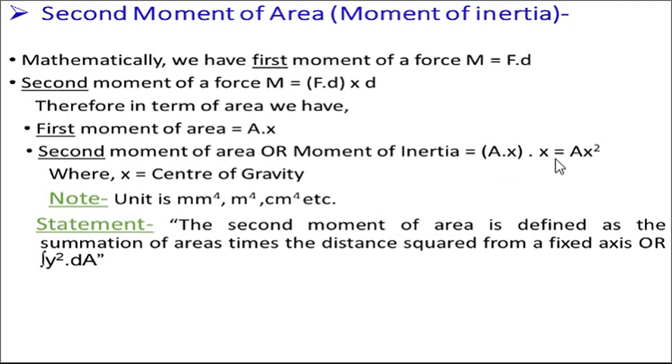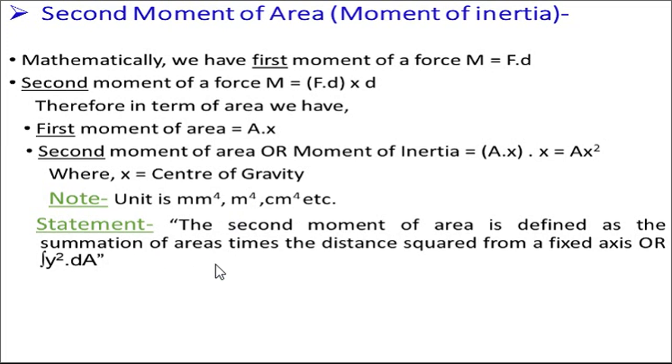So ax into x. Same as we determined the second moment of force, here for the second moment of area you take area instead of force, and the distance from the CG. So here ax square is the second moment of area, x is the distance from the center of gravity, and the unit of this second moment of area is mm raised to 4, meter raised to 4, centimeter raised to 4, etc.